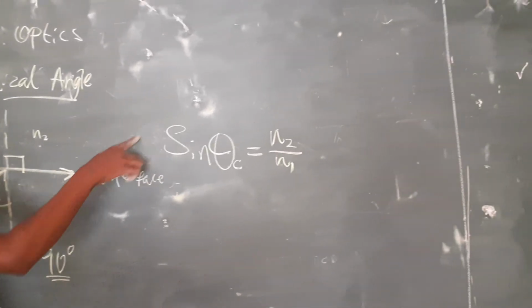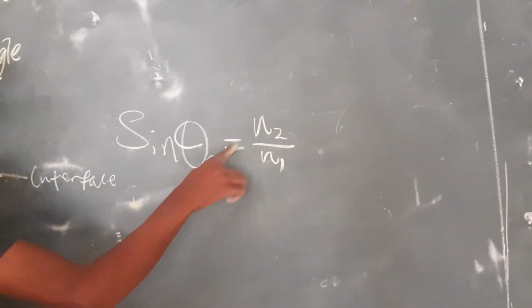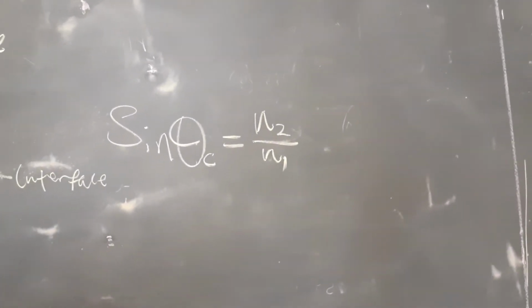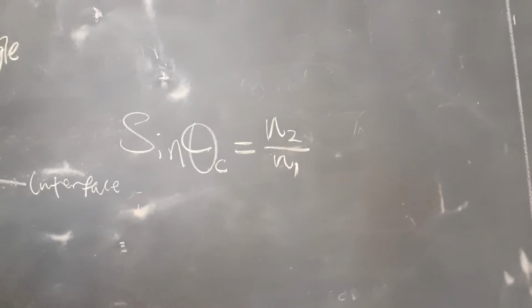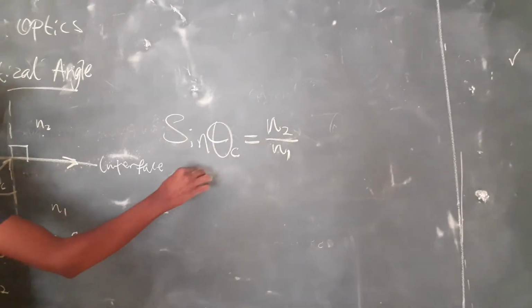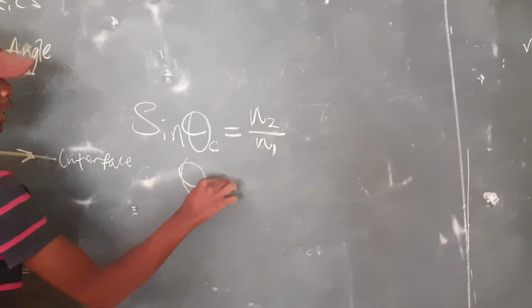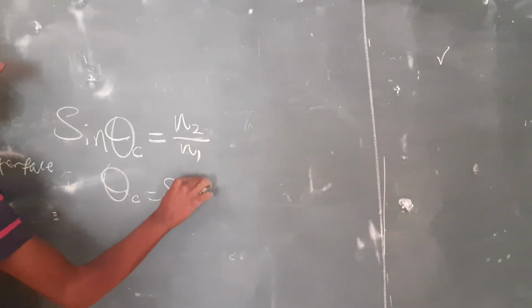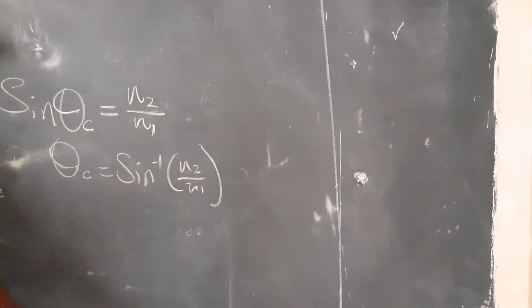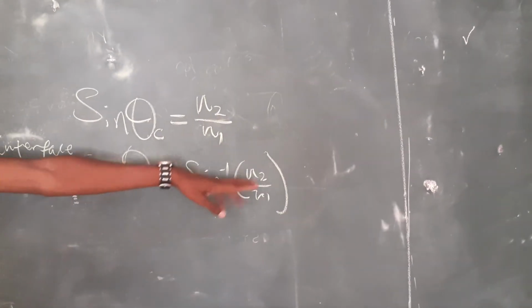So now the formula for critical angle is the refractive index of the second medium divided by the refractive index of the first medium. That's how we are going to find the critical angle. Others can say the critical angle equals the inverse sine of n2 over n1. This is still the formula for critical angle.